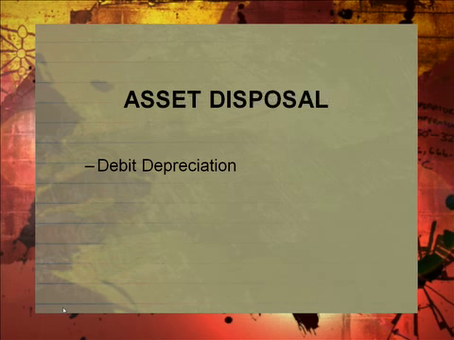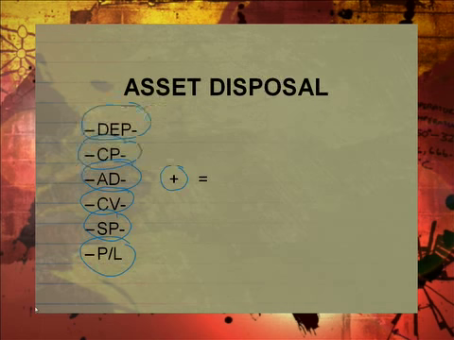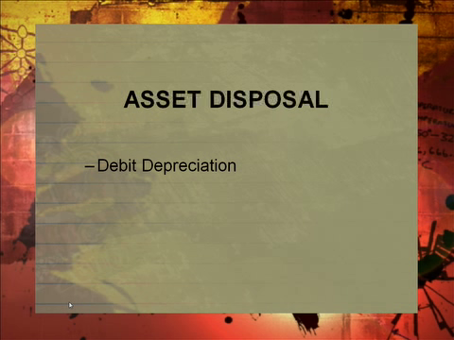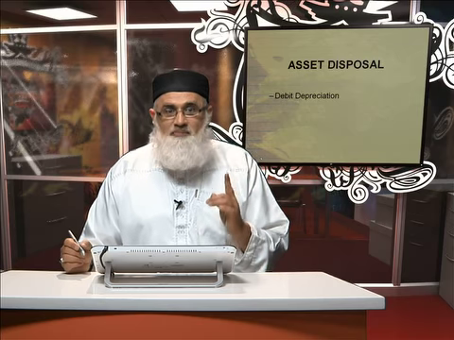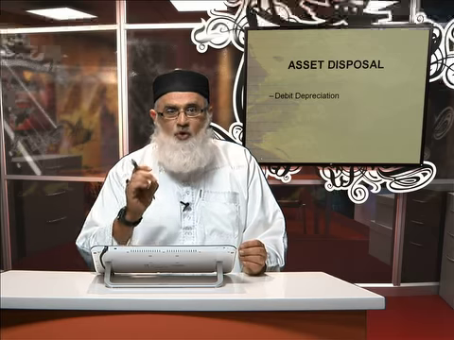When it comes to the first component, namely the depreciation, it has a double entry. And that double entry is a debit to depreciation. We've alluded to this in our earlier segments. What type of an account is depreciation? Remember, depreciation is an imputed expense. What do we mean by that? It's an expense that does not affect the flow of funds.